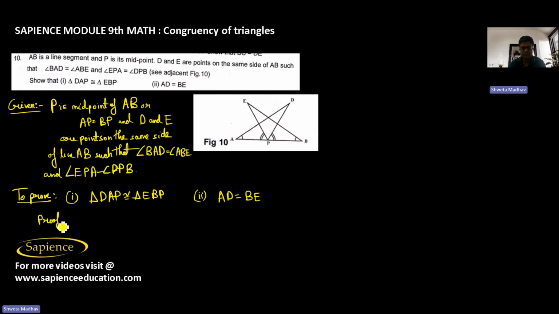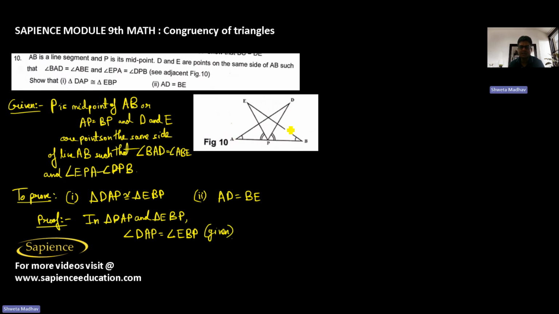Then we have to write the proof. So I will say that in triangle DAP and triangle EBP, you can see that these two angles are equal, angle DAP is equal to angle EBP, which is given only.